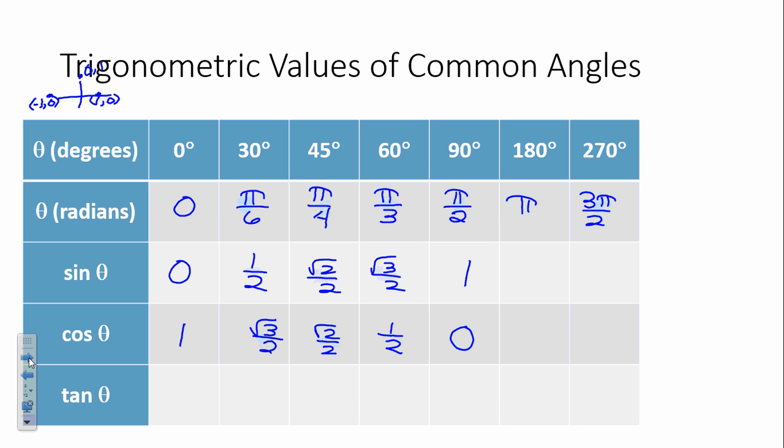So 0 for sine, -1 for cosine. At 270, we are 0 over and -1 down. So sine is -1, cosine is 0.